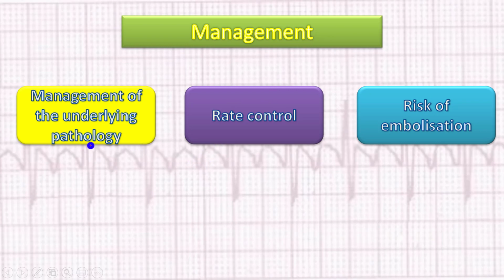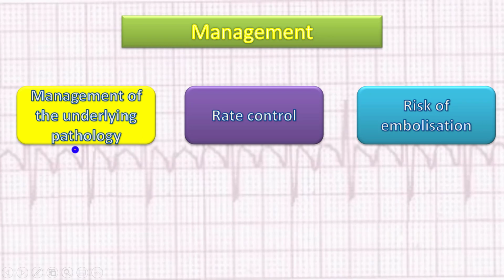If you don't manage the underlying pathology, you can't control the rate. For example, if you have a hyperthyroid patient and you are trying your maximum to decrease the heart rate and to revert the rhythm back to the sinus rhythm, you will fail and find it difficult because you don't manage the underlying pathology.